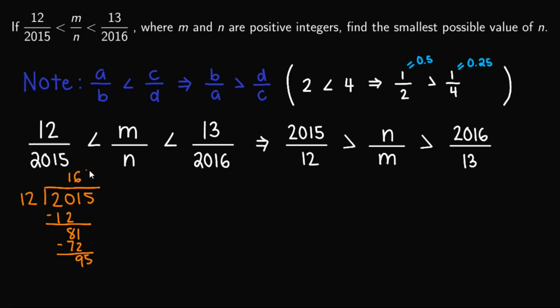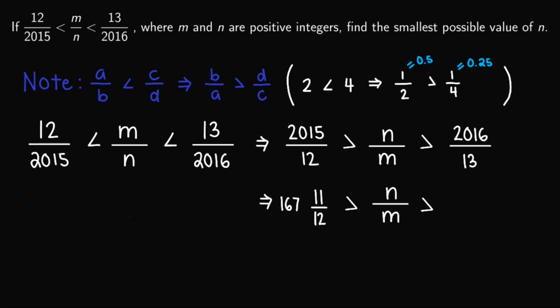And we have here 7, 12 times 7 would be 84. Subtract these two and we get 11. So our remainder is 11. Given this, we have converted this improper fraction into 167 and 11 over 12. So this is its mixed fraction form, with a whole number part and a fractional part.